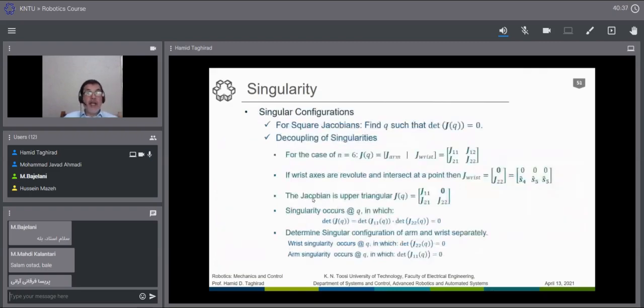Now that we have understood these two issues quite well, if we understand the physical properties here, we can find where the Jacobian becomes singular.